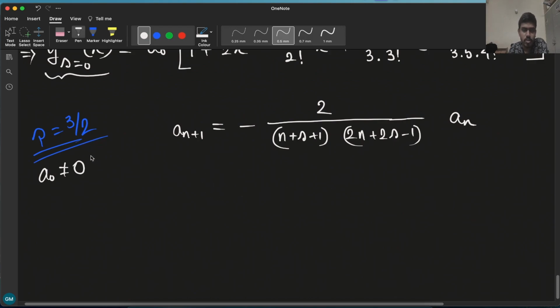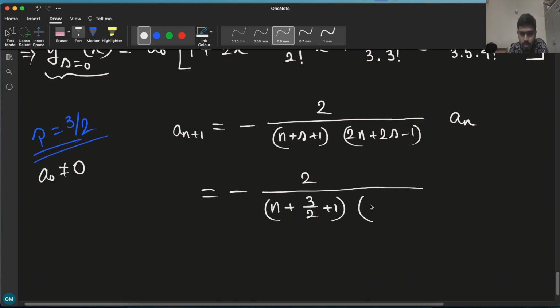Now if I put s equals 3 by 2, then the recurrence relation will be 2 divided by n plus 3 by 2 plus 1 times 2n plus 2 times 3 by 2, s equals 3 by 2, right?